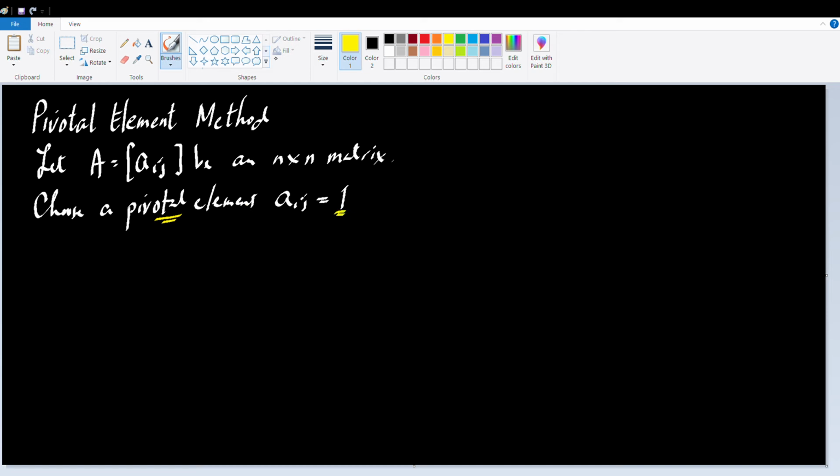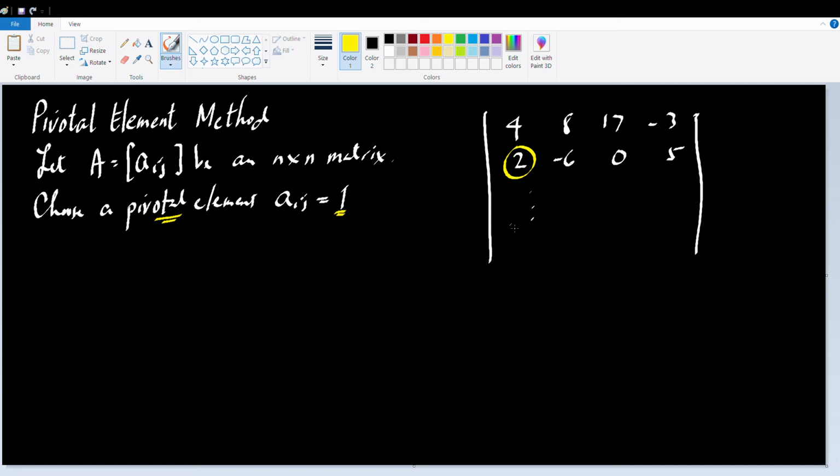In the case that there is no such entry in your matrix, say you want to find the determinant of 4, 8, 17, negative 3, 2, negative 6, 0, 5, and so on and so forth, and you want to use this as your pivotal element.